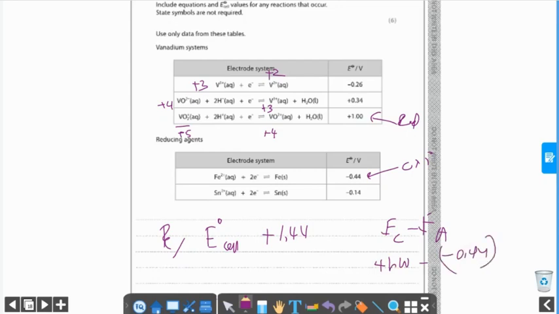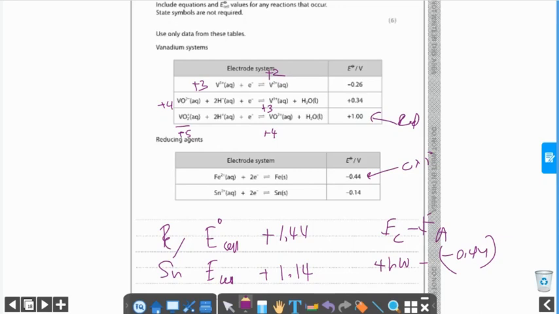So minus minus turns out to be plus. So that's why it's plus 1.44. And this is for iron. And for tin, the E cell value is 1.14. You add the two.